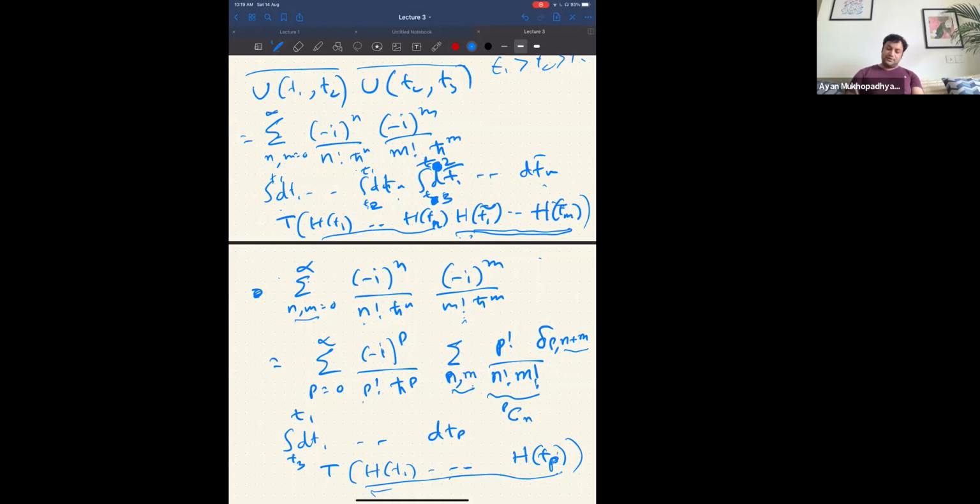One way to do it is that if I partition this thing into two sets, where a set of t's lie in the interval t1 to t2, and a set of t's lie in the interval t2 to t3. But then I'm summing over all of these possibilities. So therefore this combinatorial factor p choose n is coming, and that's simply a partition. But you see there are exactly as many terms here as there are there, because this is simply a rearrangement of this thing, nothing more.